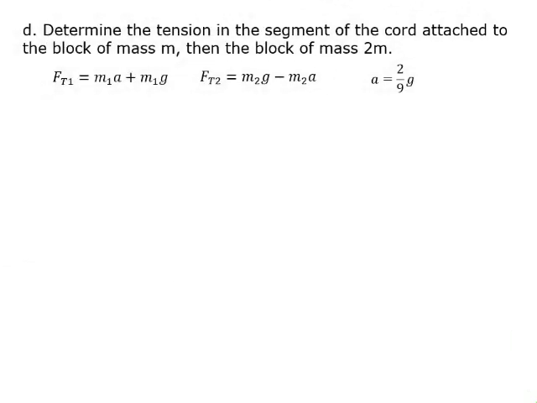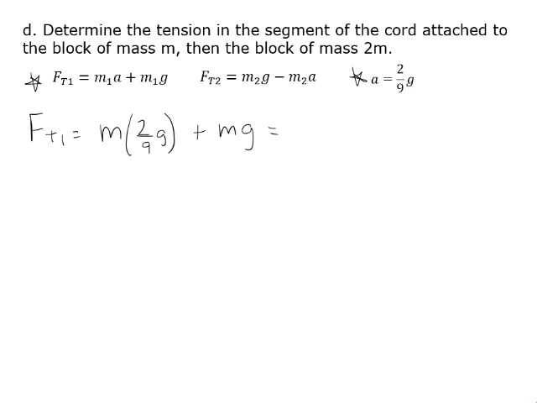Now I want to determine the tension force in each of the two strings. To do that, I'm going to use the equations that I used to determine the force in part B and the acceleration that I calculated in part C. The force of tension 1 is equal to the mass 1, which was mass, times the acceleration, which was 2/9 gravity, plus the mass times the gravity.